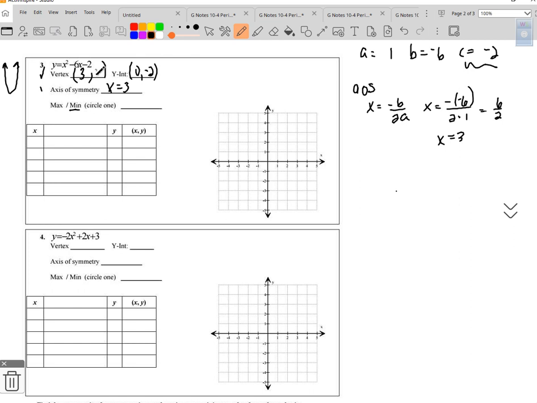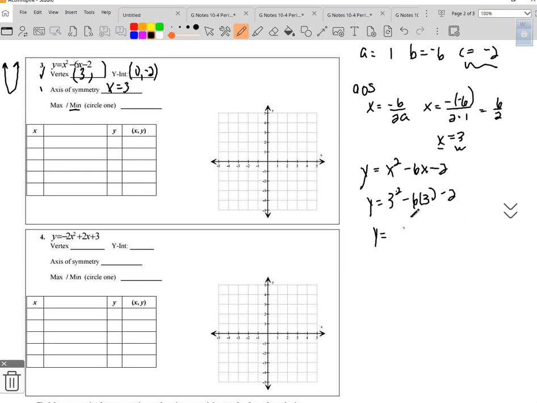To find our y spot, we plug in 3 for x in this equation. So the original equation was y equals x squared minus 6x minus 2. Now everywhere there's an x, we're going to put in 3. So y equals 3 squared minus 6 times 3 minus 2. And you can put this in your calculator: 3, x squared button, minus 6 times 3 minus 2.